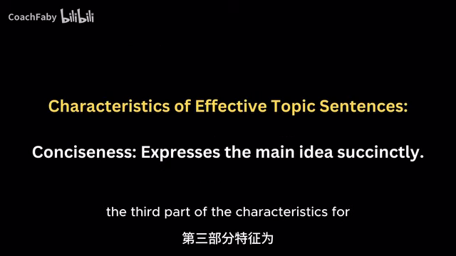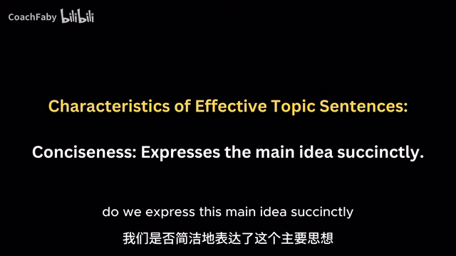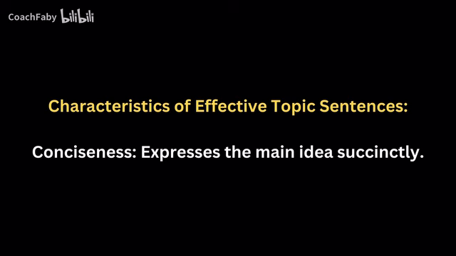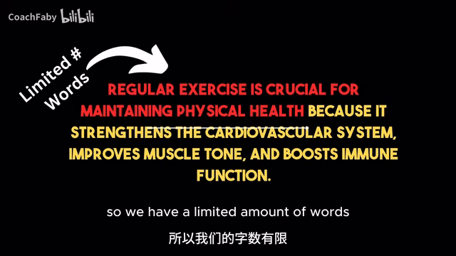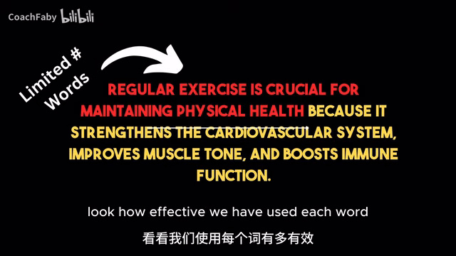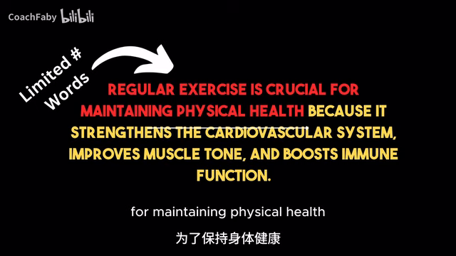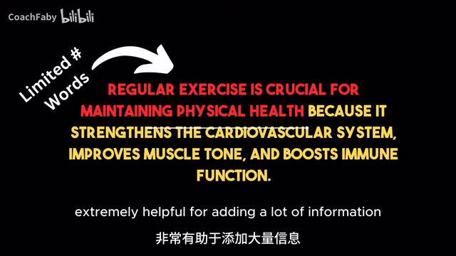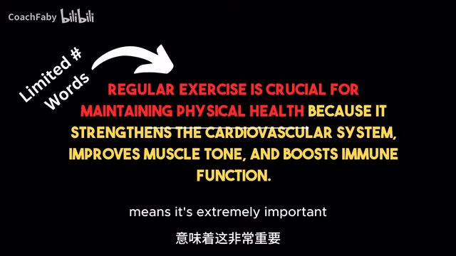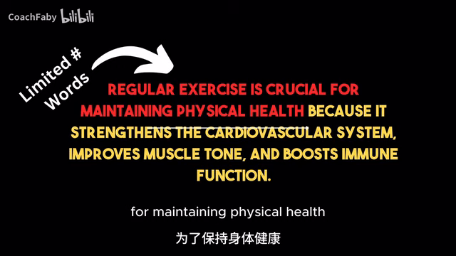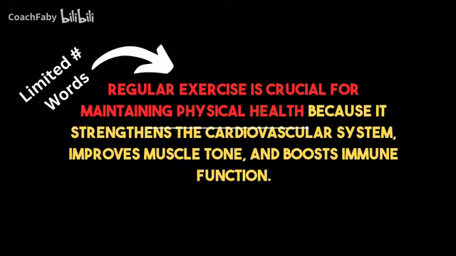Another characteristic of effective topic sentences is conciseness. Do we express this main idea succinctly? Succinctly means with fewer words. So we have a limited amount of words. Look how effectively we have used each word. Regular exercise is crucial for maintaining physical health. Crucial is extremely helpful for adding a lot of information. With just the word choice of crucial, it means it's extremely important for maintaining physical health because it strengthens the cardiovascular system, improves muscle tone, and boosts immune systems.